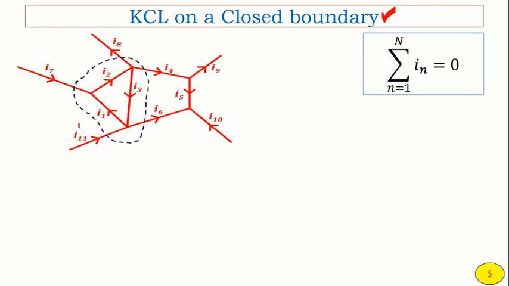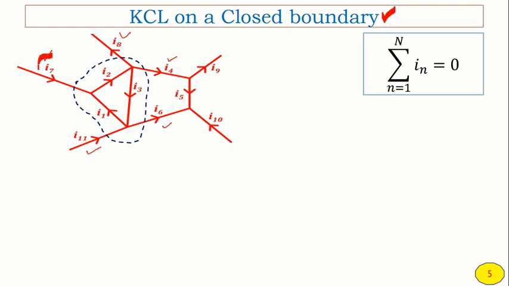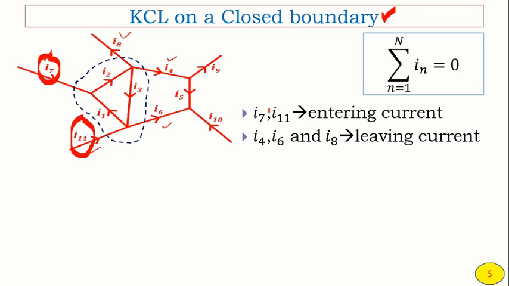Now if you focus on this closed boundary, you will see the currents I7, I8, I4, I6 and I11 are the only currents connected to this boundary. Out of which I7 and I11 are entering currents to this closed boundary, and I4, I6 and I8 are the leaving currents.